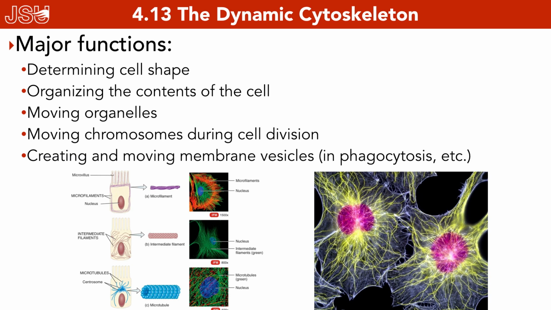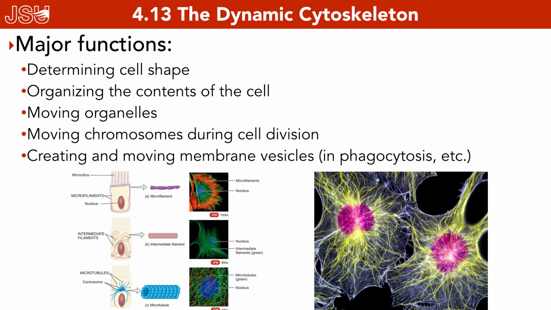Splits the cell. Specifically, what does it split? What part of the cell? You're right. The nucleus. We're going to have DNA in the nucleus, and we're going to split and pull that DNA apart. Well, our cytoskeleton is going to be important in that pulling apart of DNA. Specifically microtubules. So we'll talk about specifics in a minute here. But there are lots of functions in the cell that our cytoskeleton is responsible for.